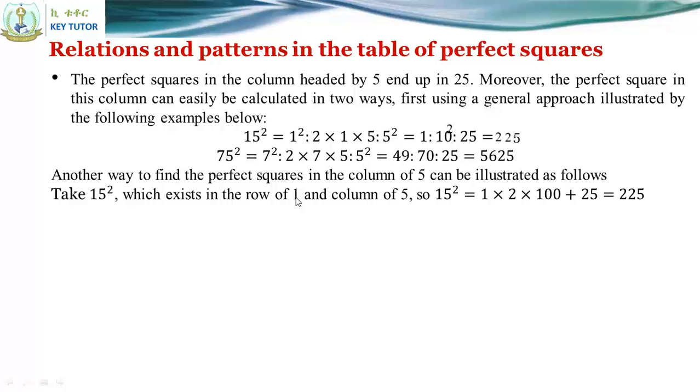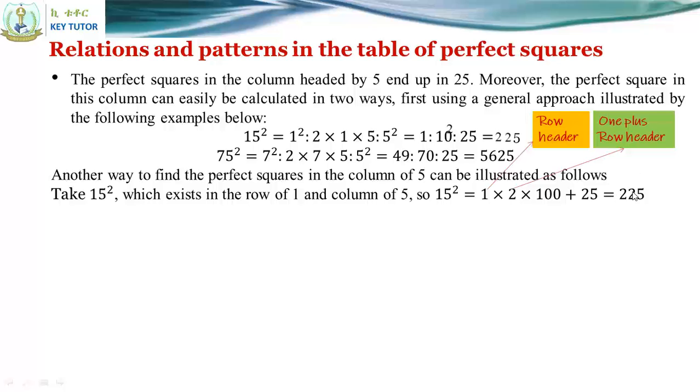You take the row number 1 times row number 1 plus 1, which is 2. So 1 times 2 times 100 plus 25 gives you 225.